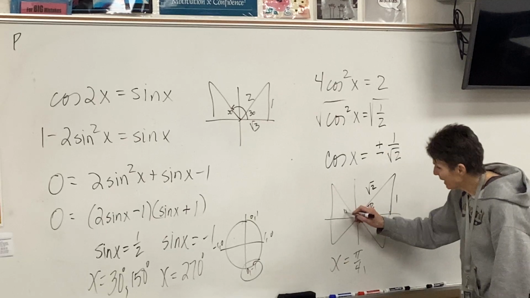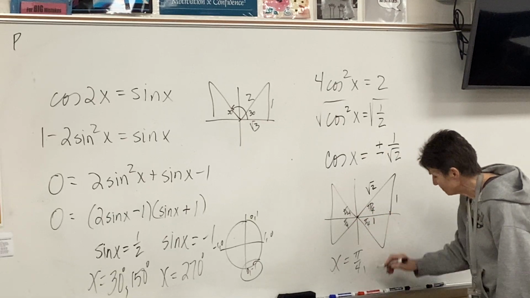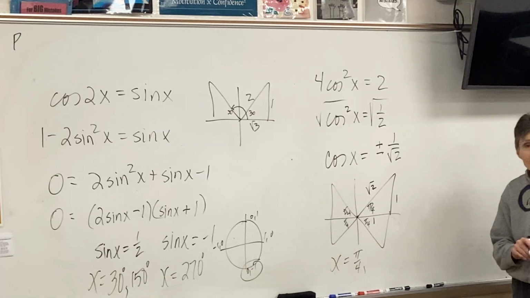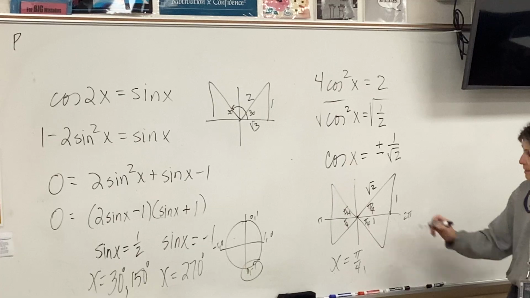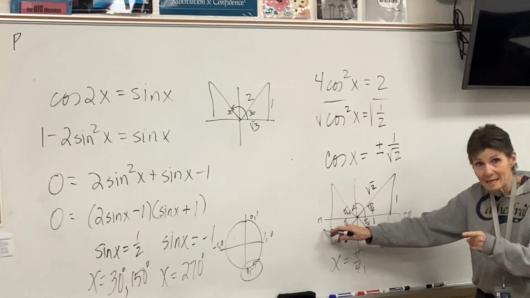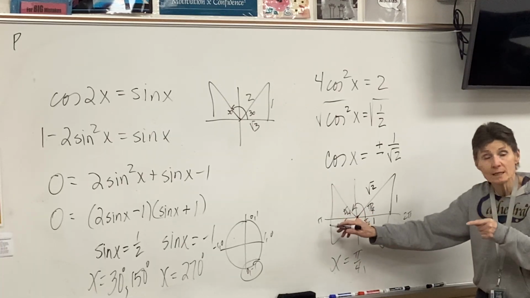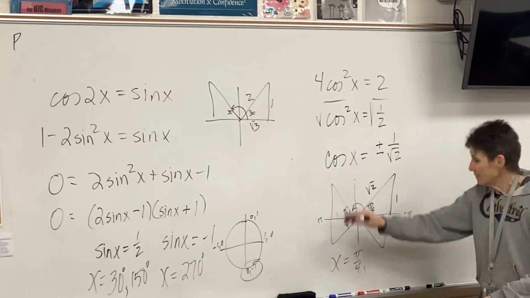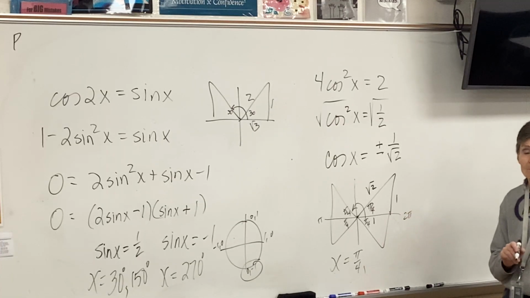So if I have a pi over 4 in every quadrant, what would those angles be? Remember, this is pi, this is 2 pi. So for this one, you're going to do pi, you're going to do 1 minus a fourth. For this one, you're going to do 1 plus a fourth. And for this one, you're going to do 2 minus a fourth.